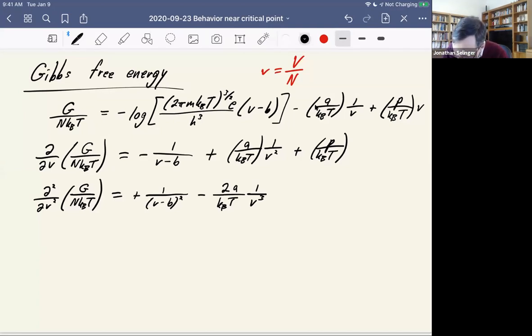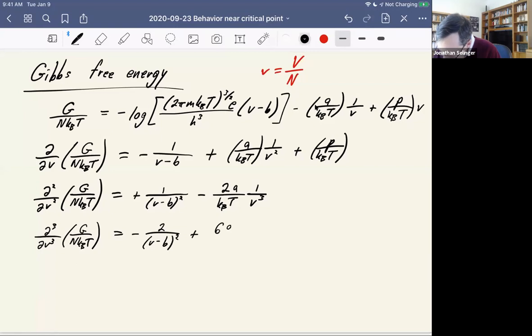Okay? And then the third derivative. Okay, so this will be negative 2 over v minus b cubed, and then positive, oh, I get another factor of 3, so 6a over kt 1 over v to the fourth.